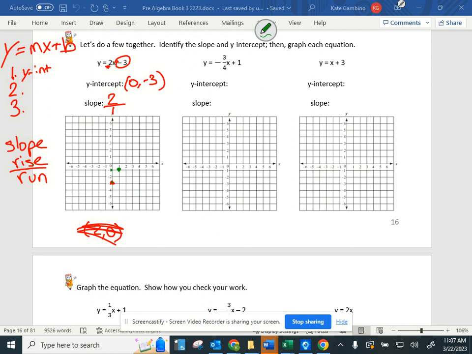So now I have my 2 points on my line. So 2 was the slope. What is 3? Connect to make a line. So I'm going to not just connect my 2 dots and look like a segment. I want it to be a line. So this is important.